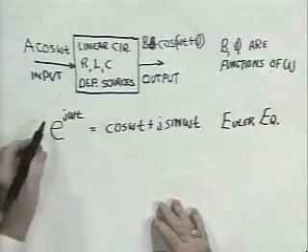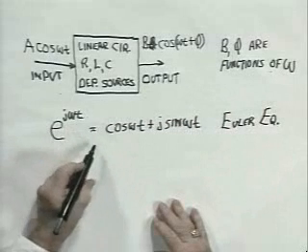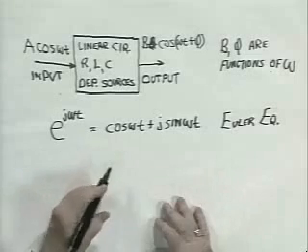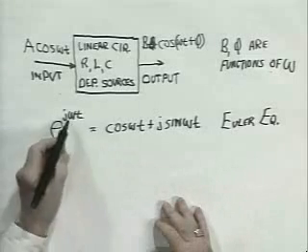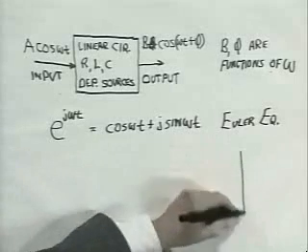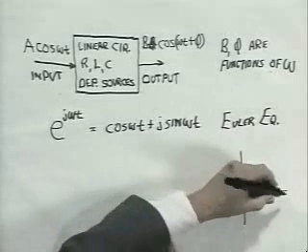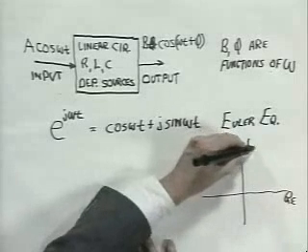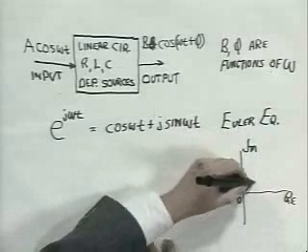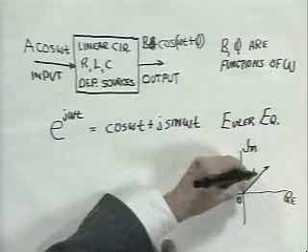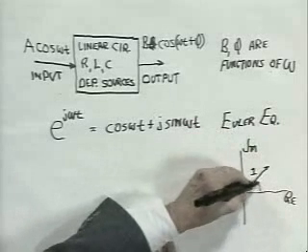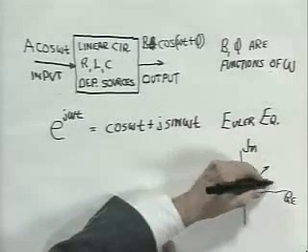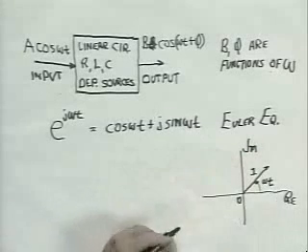This complex number, e to the j omega t, which has a magnitude of 1 and has an angle equal to omega t, that is, if I represent that on a complex plane, this is the real axis, this is the imaginary axis. E to the j omega t is a vector of unit length making an angle of omega t with respect to the positive real axis.